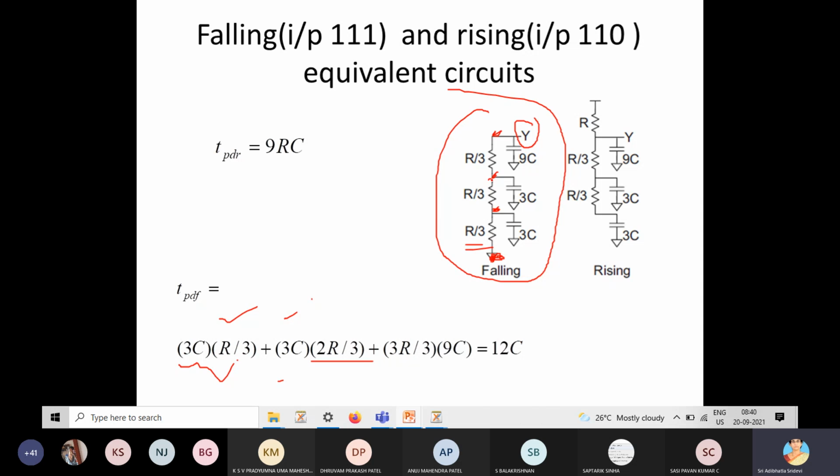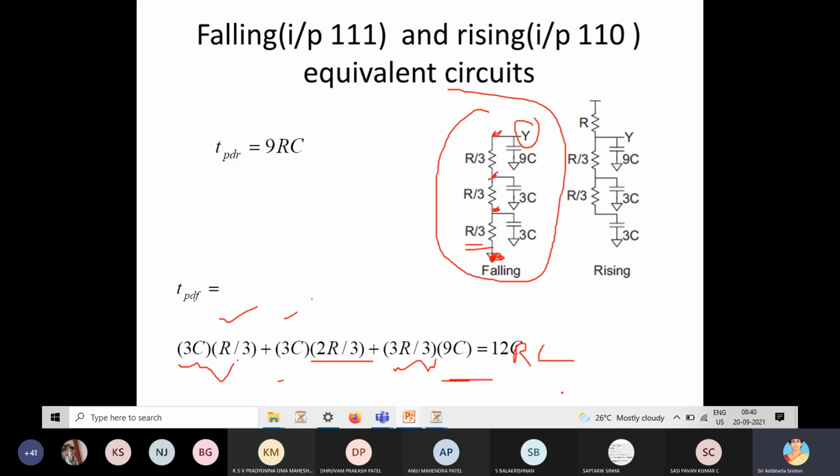What is node 3 to source? R by 3 plus R by 3 plus R by 3, 3R by 3 into 9C. So the 3 gets cancelled: RC, 2RC, 3RC, and 9RC. So 12RC. It is not 12C, it is 12RC.